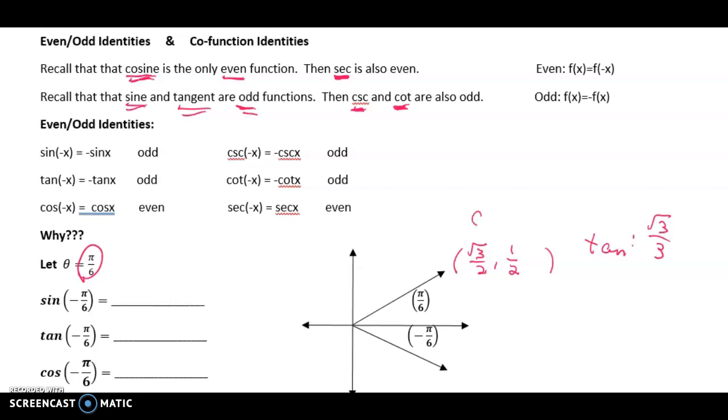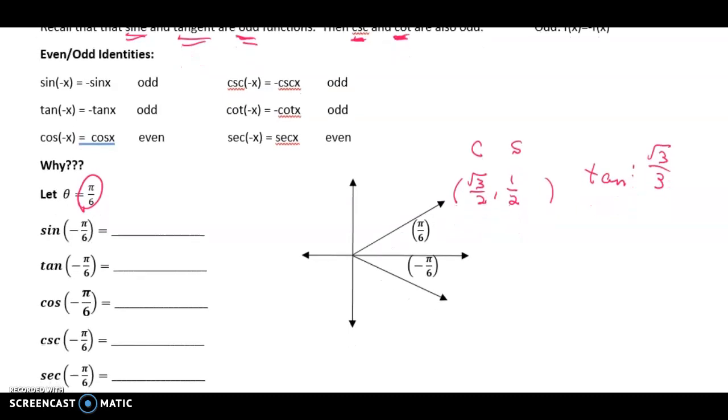And remember, recall that cosine is x, sine is y. And negative pi over 6, which is a 330, has the same coordinate except the y value is negative. Square root of 3 over 2, negative 1/2, which makes our tangent value negative square root of 3 over 3.